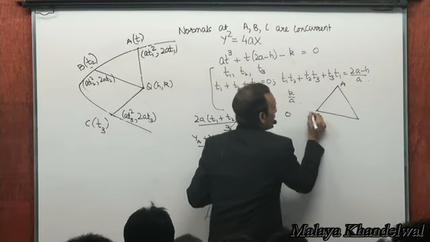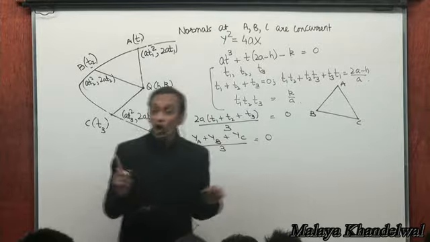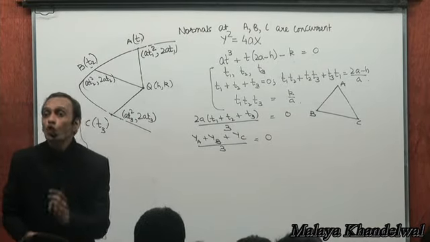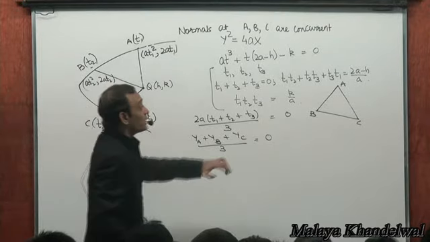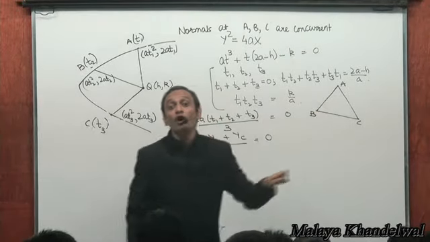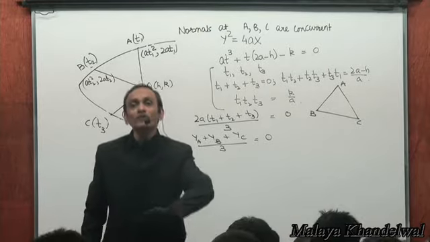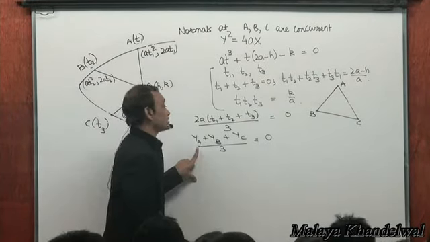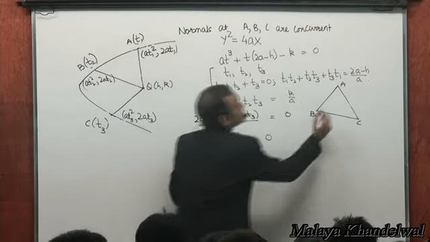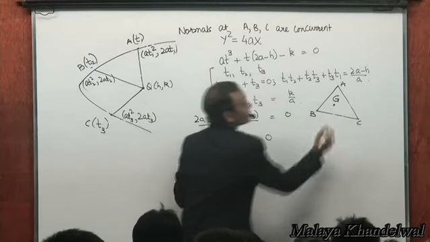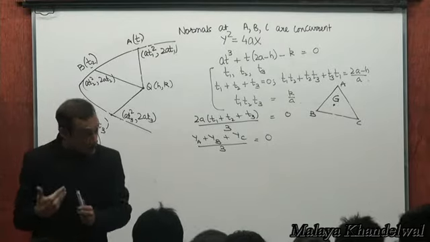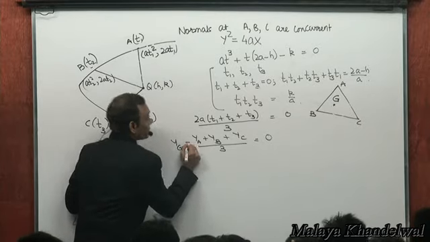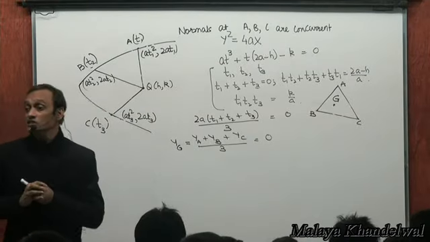What were A, B, C? A, B, C were 3 conormal points, not just any arbitrary set of 3 points. ABC is a triangle formed out of 3 conormal points. And as it turns out, if G is the centroid of the triangle formed out of 3 conormal points, then the y of the centroid is 0.